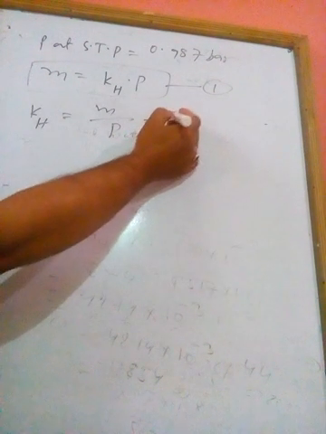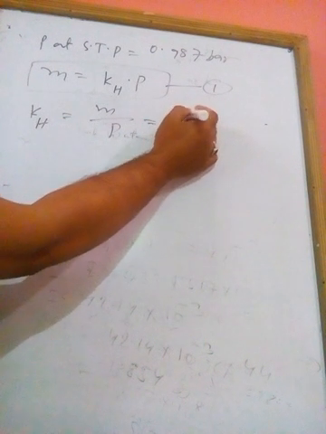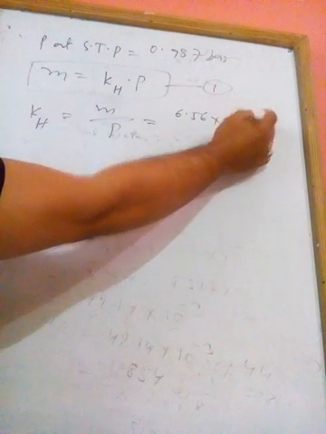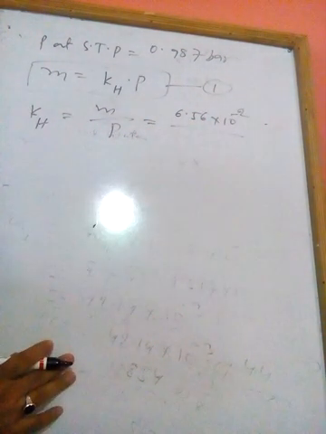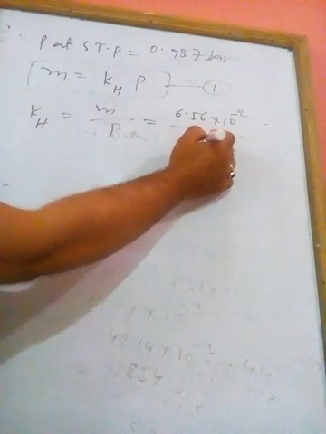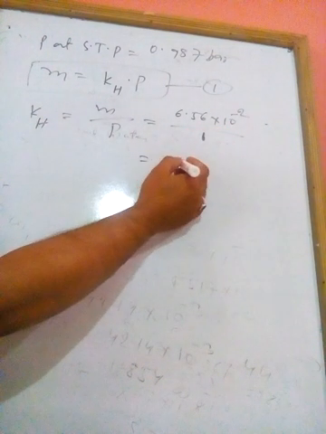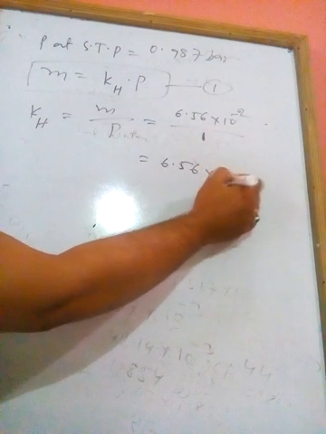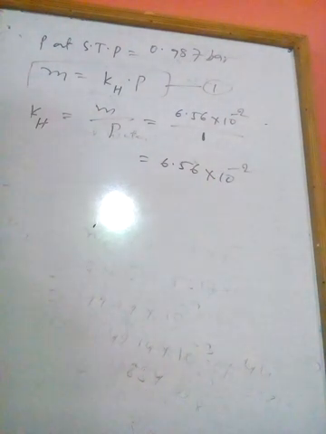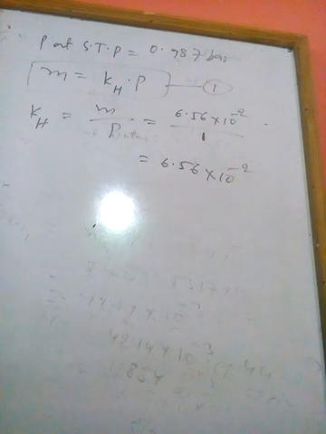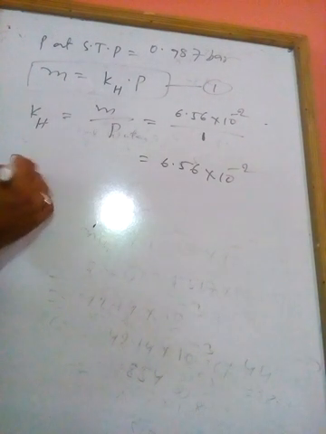So M is given, 6.56 into 10 to the power minus 2, divided by 1, that is 1 atmospheric pressure. So 6.56 into 10 to the power minus 2 would be the KH value, and the unit of KH is similar to that of the pressure.